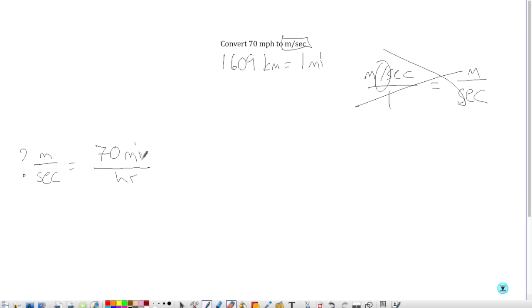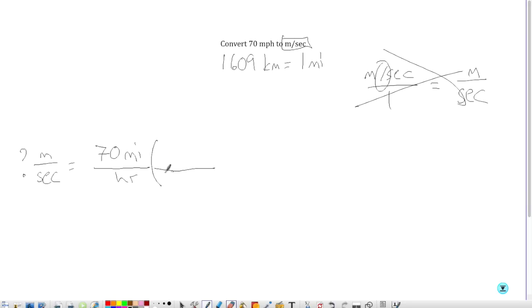So I could do now either the miles to meters or I could do hours to seconds. So there's like a distance component on top and there's a time component on bottom. And it doesn't really matter what order I do these in because it's multiplication and division. We're going to move left to right. We're going to get everything in there anyway, all right?